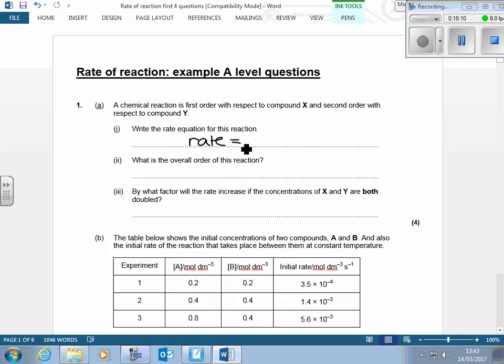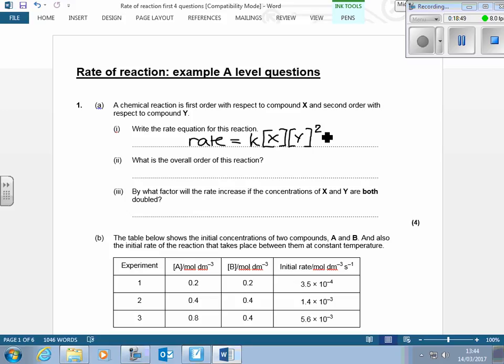So the rate equals, and after that it's a little k, followed by X in square brackets, which means concentration of X, to the power 1, so we just leave that, and then Y in square brackets to the power 2. You don't bother putting the 1 in. In the process of working it out, you might do if it was in an exam, but you don't put it in there.